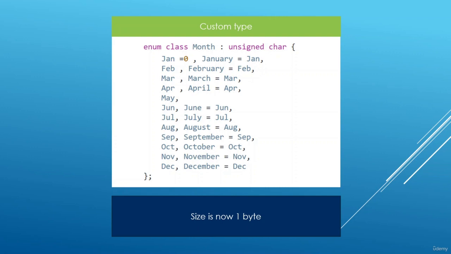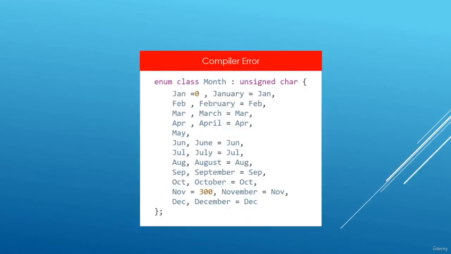If you do this, the size is now 1 byte. And if you try to use 300 to represent something, you're going to get a compiler error. Okay, this is really all I have to share about enum classes. They are really flexible to use. We're going to head over to Visual Studio Code and actually play with them.